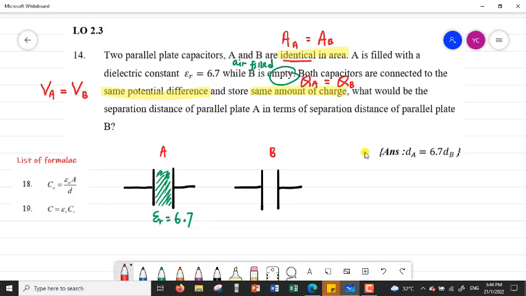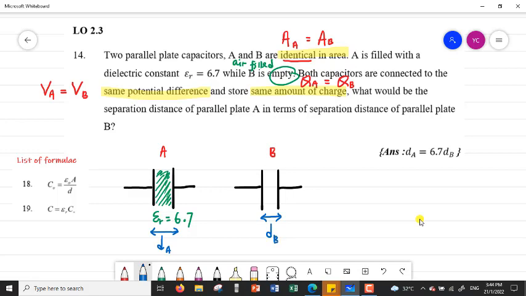So what would be the separation distance of parallel plates A in terms of the separation distance of parallel plates B? I assume the separation between the two plates for capacitor A is dA, and the separation between the two plates for capacitor B is dB.